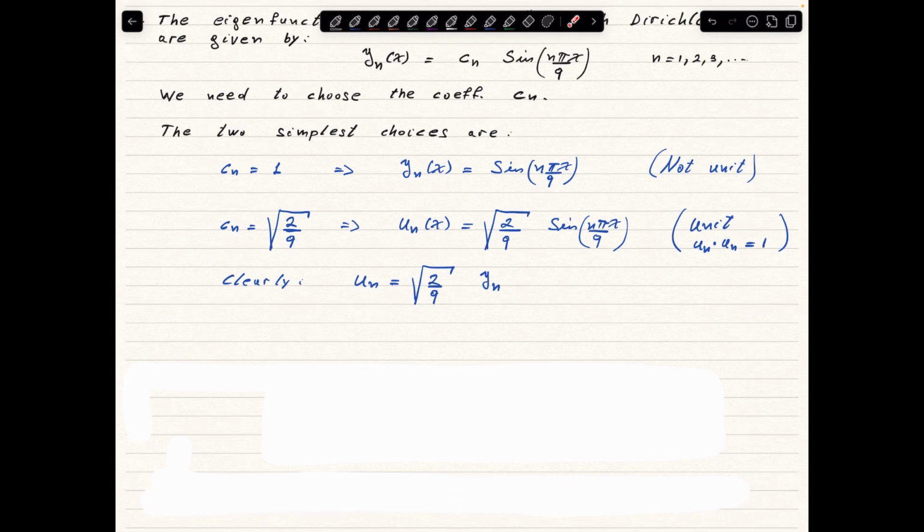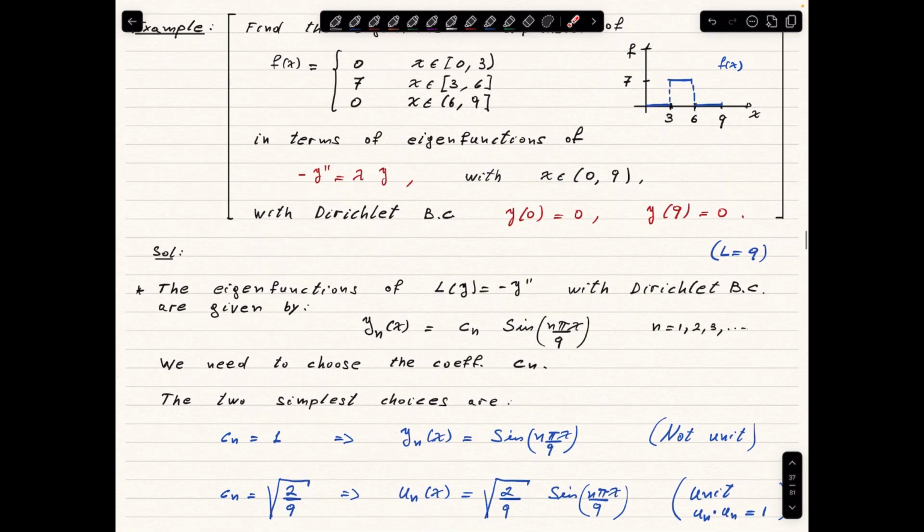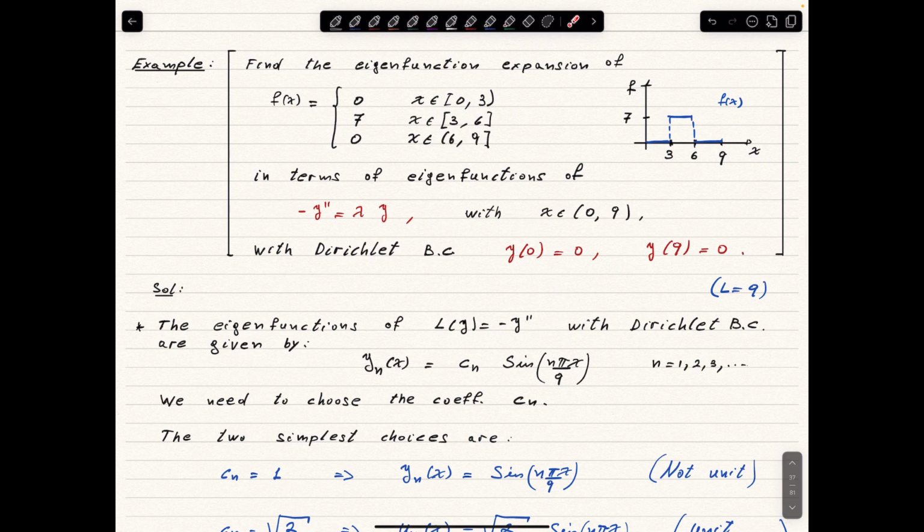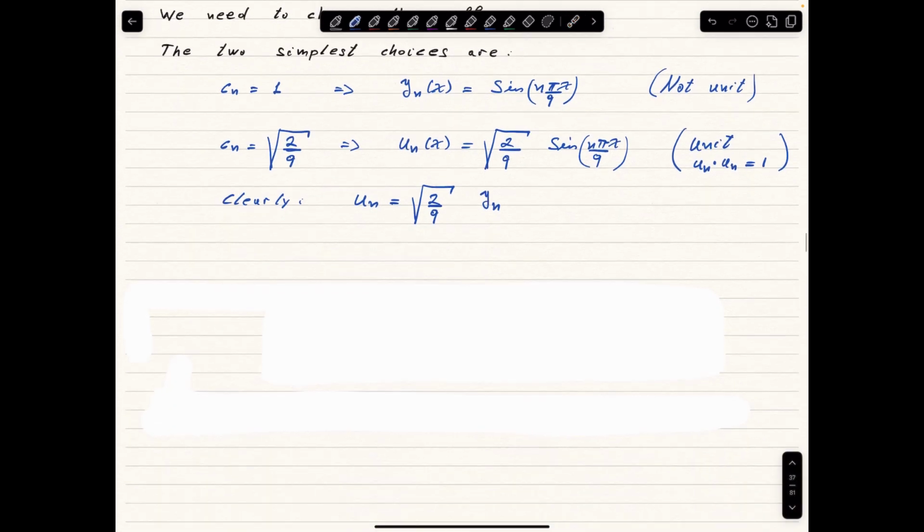So we need to choose one. Actually, we are going to compute the expansion with both eigenfunctions. Let's start with yn of x because it has a factor less.